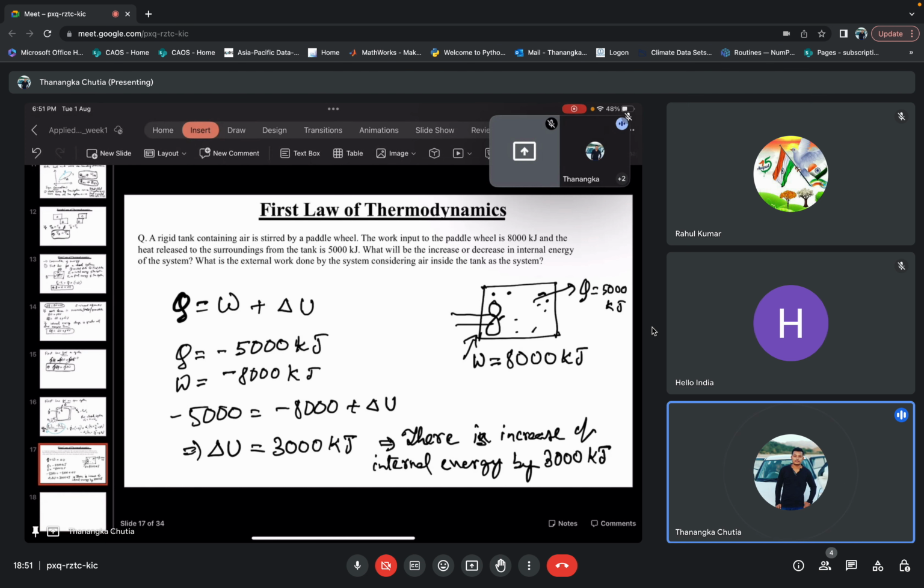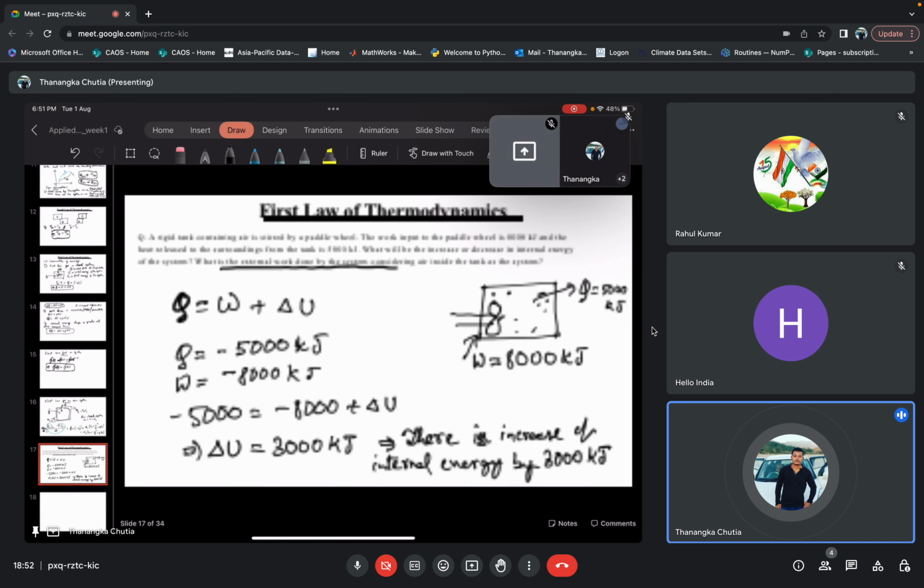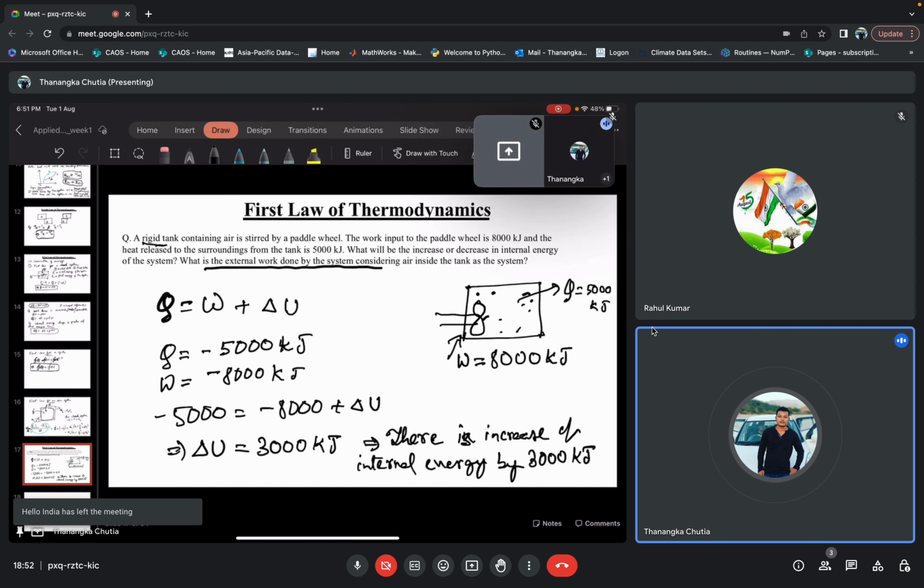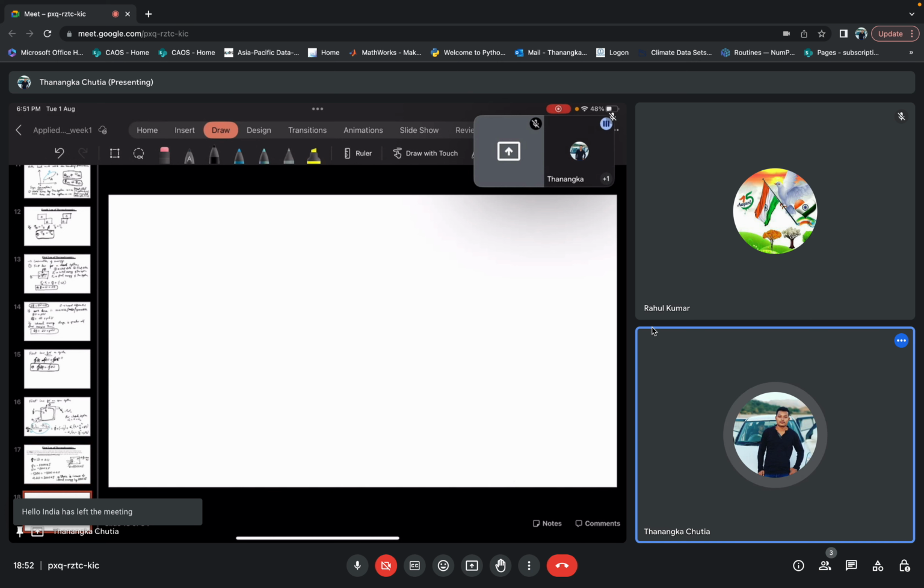Now your next question is, what is the external work done by the system considering the air inside the tank as the system? That means, what is the work done by the air? Remember, the question gives you the answer. This is a rigid tank, so the walls are not at all flexible, and the volume change of the system is not possible.